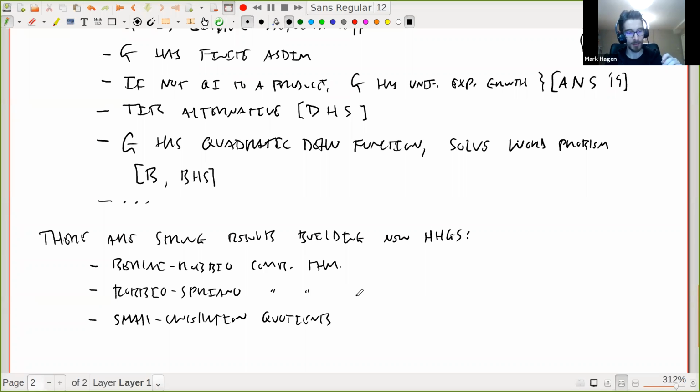If you take a high power of that element and quotient by the normal subgroup it generates, you get another HHG. Some of the applications I'll get to later are in this vein: what happens if you try to take other sorts of quotients of HHGs?